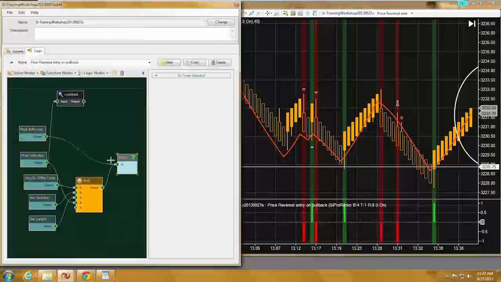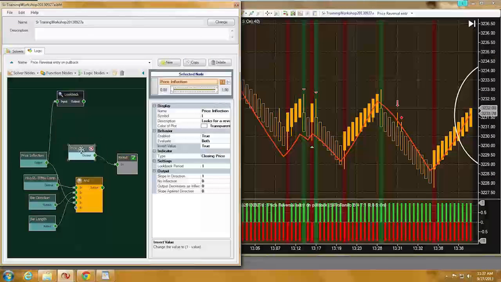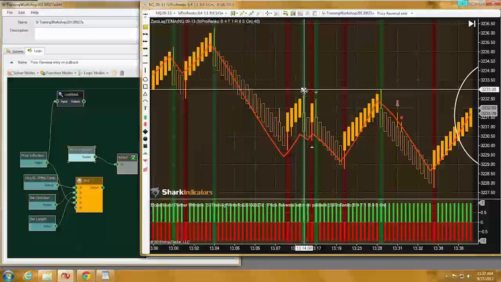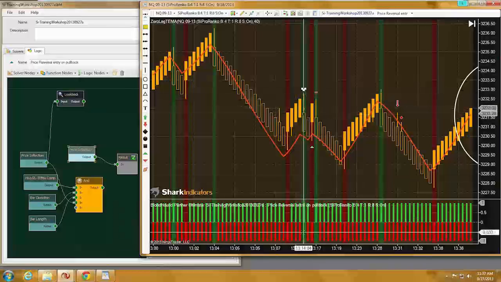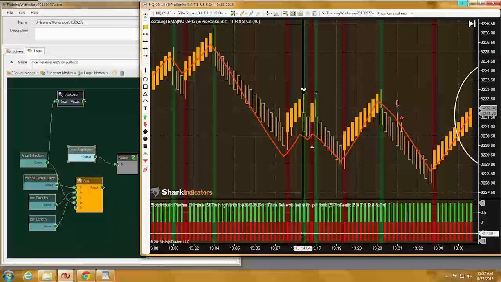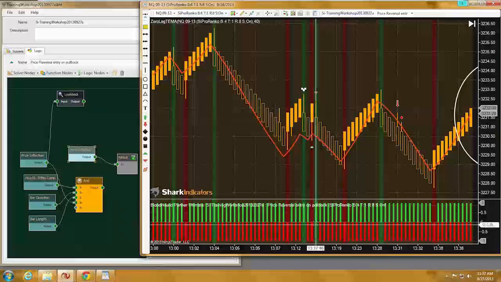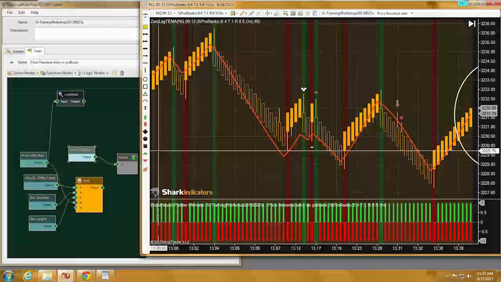So going back to this inflection solver, I reversed the signals, and we can see on this reversal down, there's no short signal anymore, and there's no long signal on this reversal up, and there's no short signal here. All right, so let me just mark them.